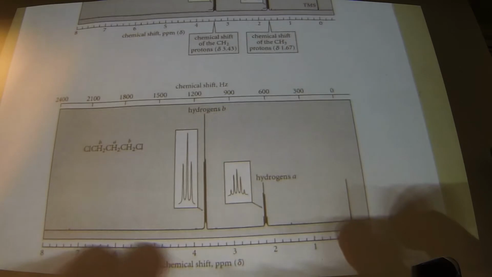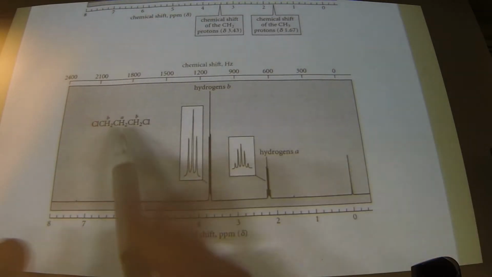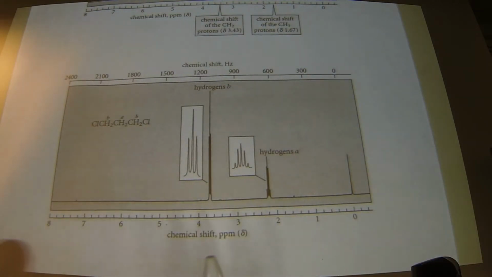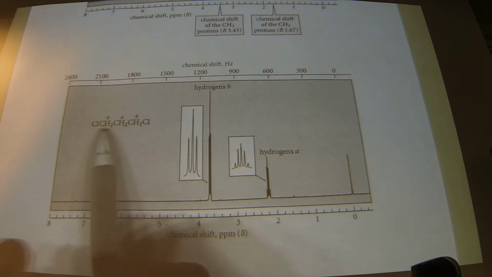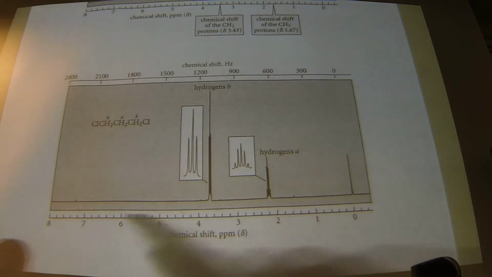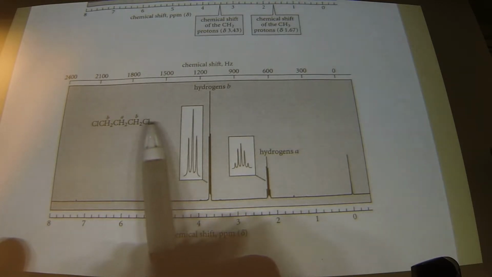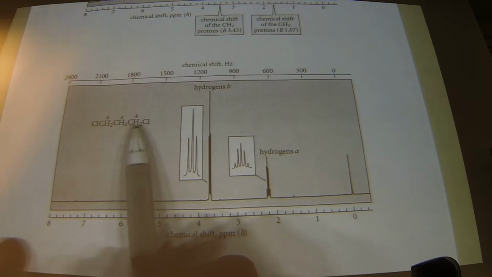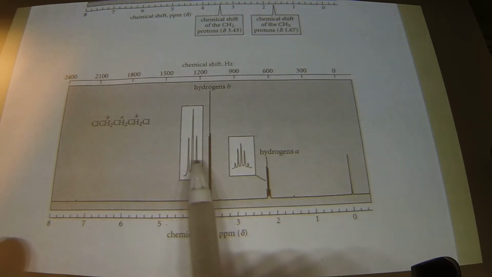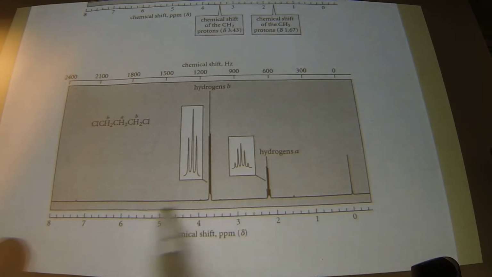So here's another one. Okay, so this is dichloropropane. Now, the peaks here, the de-shielded ones, the ones that are downfield, are the ones that are next to the electron withdrawing chlorine. Chlorine is pulling electron density out of the bond. Those electrons are not available to shield these CH2s, so the CH2s here are de-shielded.